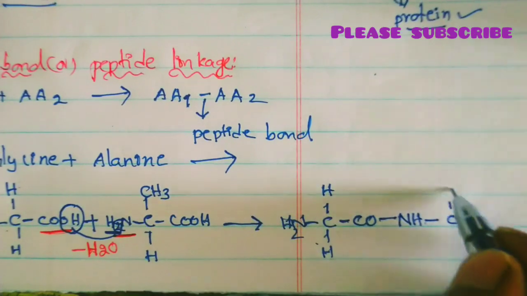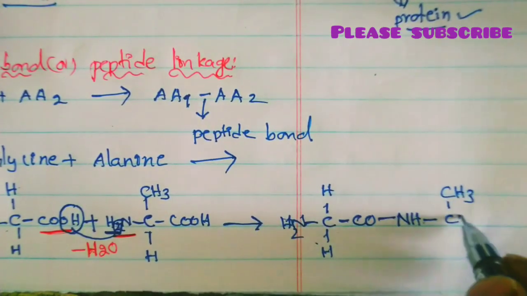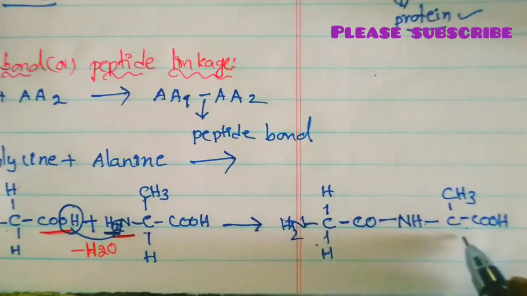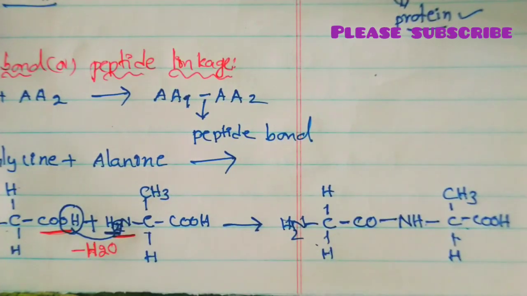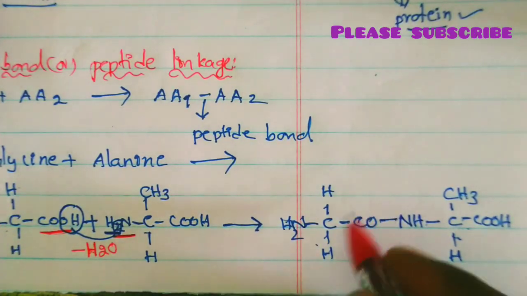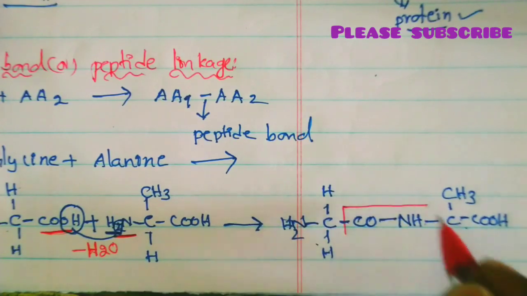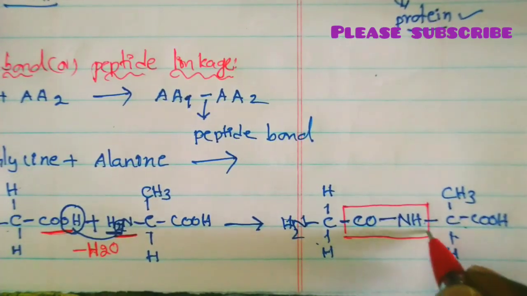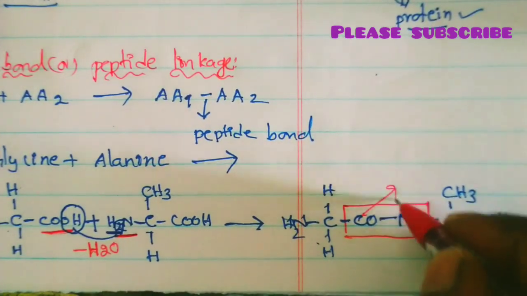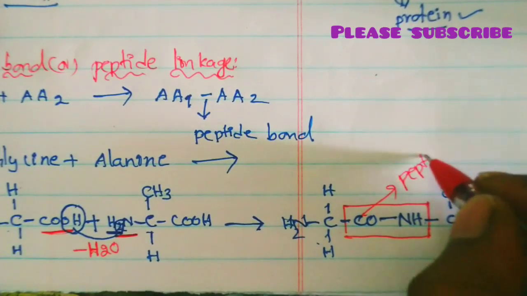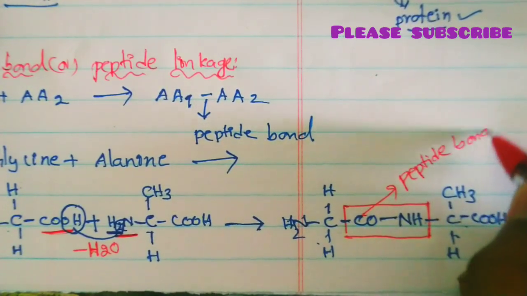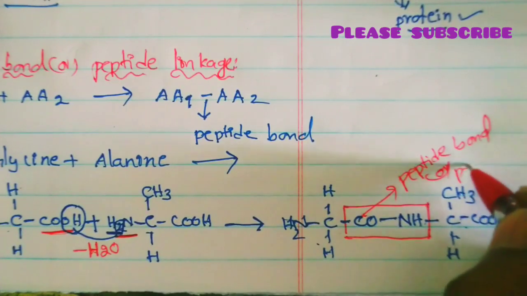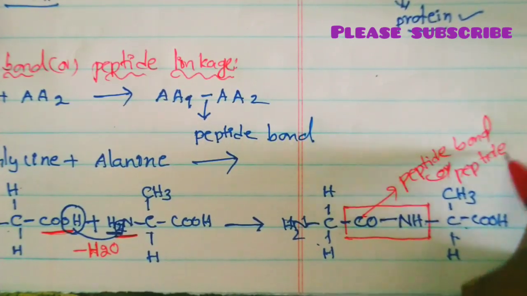Remaining groups as it is, I have to write COOH and here hydrogen. So now we are getting one linkage. This linkage is called as a peptide linkage or peptide bond. Other name is peptide linkage.